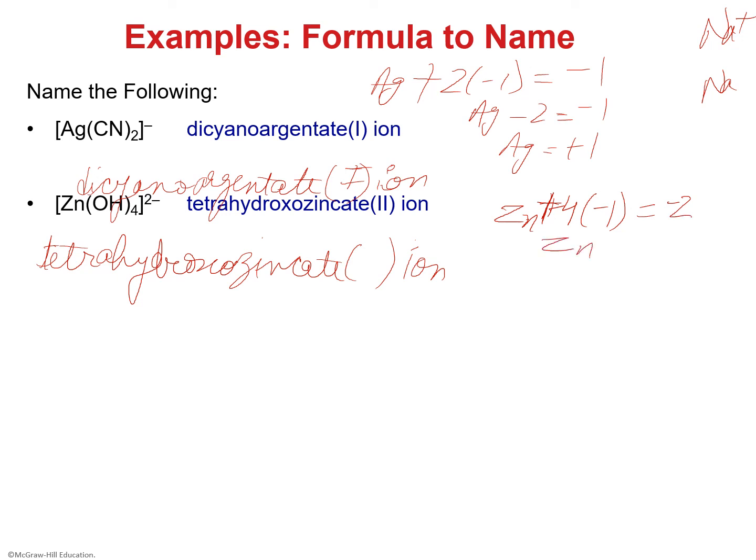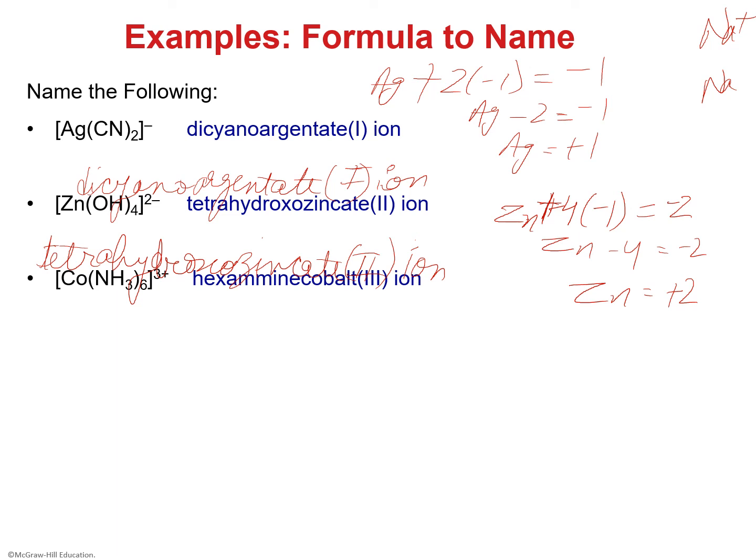So that means zinc - 4 equals -2, so zinc will be +2. So in this case, it will be zincate(II). So don't forget any of these steps because this is all credit or no credit. It's going to be ligand name followed by prefix, ligand name, followed by the metal name.